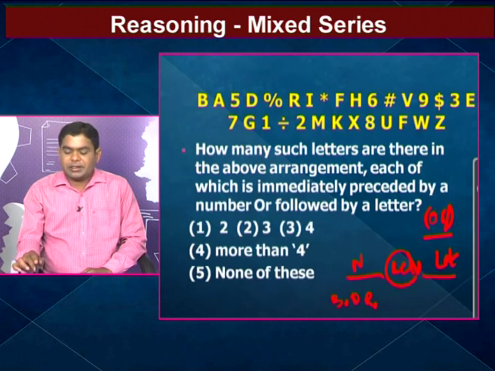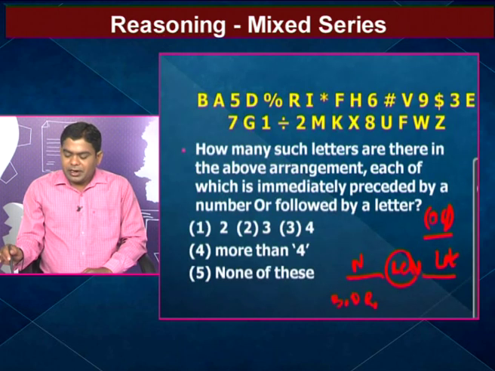That means I is not satisfied. After that we go to the next letter. Here the letter is F. It is preceded by a symbol, that means the preceded condition is not satisfied. So we go to the right side. F is followed by a letter, so according to our condition, we count that letter.